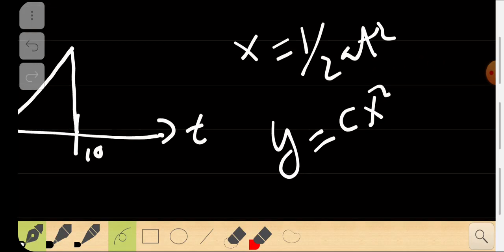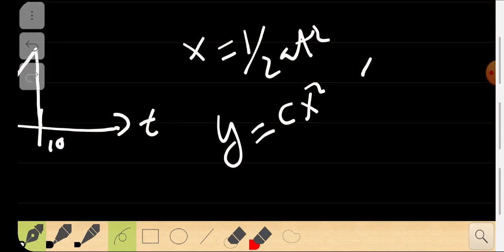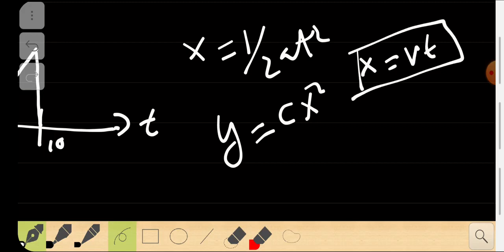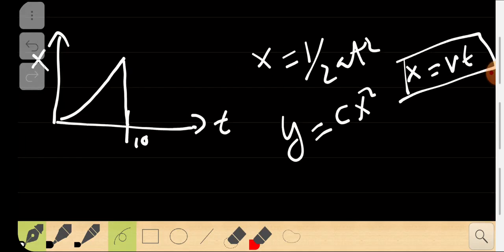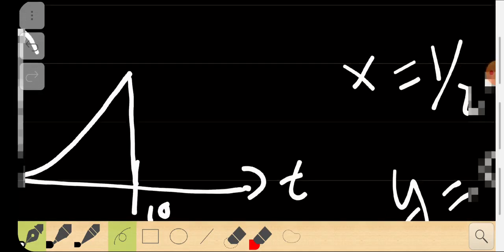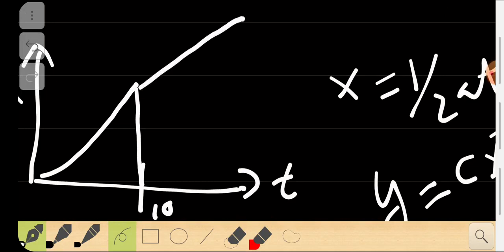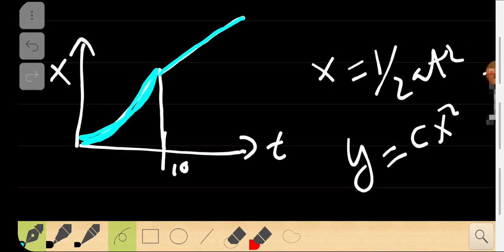The distance is just x equal to velocity times t, right? So velocity is 20 meter per second, and for 10 seconds that's 200 meters, and so it's a steady value, right? So it's a steady value with a constant slope. Okay, so for the first part, it will be moving in terms of x square, and then it will be in steady state. So that's the position versus time graph.